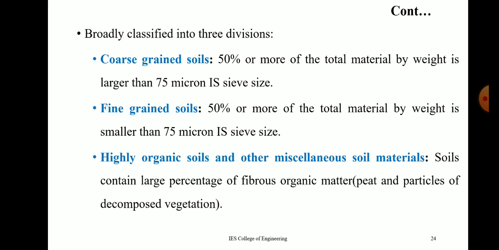In fine-grained soil, 50% or more of the total material by weight is smaller than 75 micron IS sieve size. In highly organic soil and other miscellaneous soil materials, soils contain a large percentage of fibrous organic matter like peat and particles of decomposed vegetation.